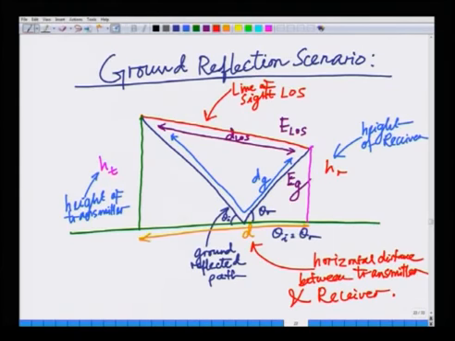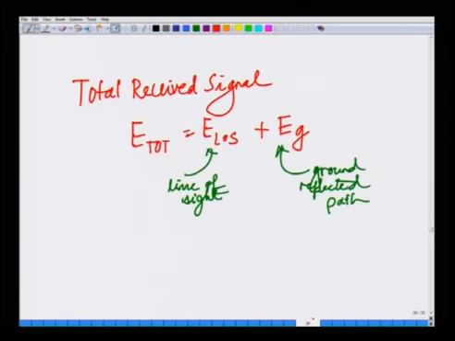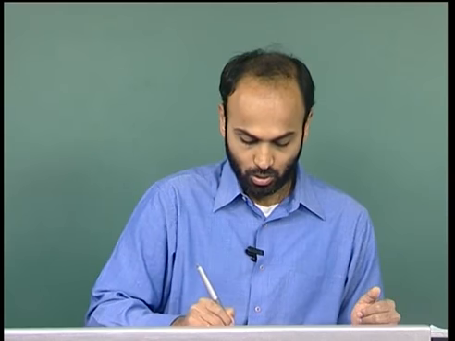The line of sight path has a distance d LOS, the ground reflected path has a distance dg, height of the transmitter is ht, height of the receiver is hr, the horizontal distance between transmitter and receiver is d, and we wanted to look at the received signal strength as a function of this distance d, and we said the total received signal strength E total is E LOS plus Eg, that is the point at which we are. So, let us continue from this point in the lecture today.